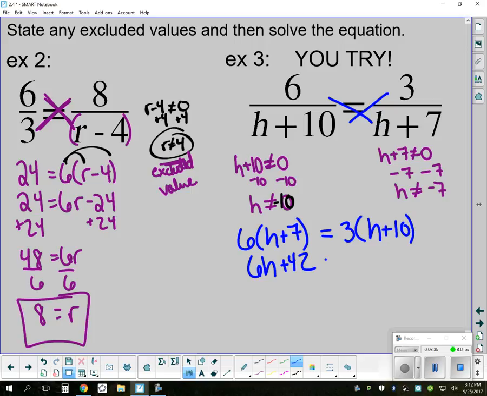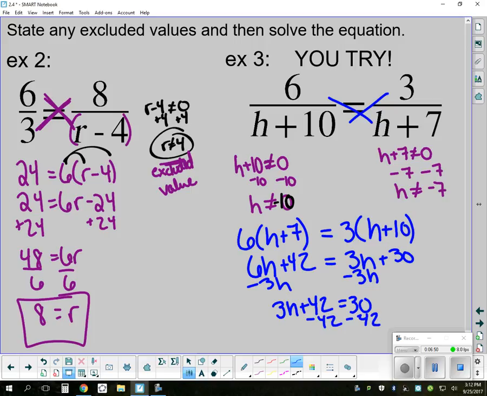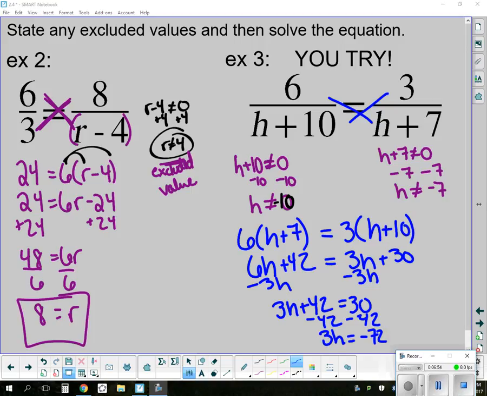Distributive property gives me 6h plus 42 and 3h plus 30. Subtract 3h on both sides. 3h plus 42 equals 30. Subtract 42. 3h equals -72.